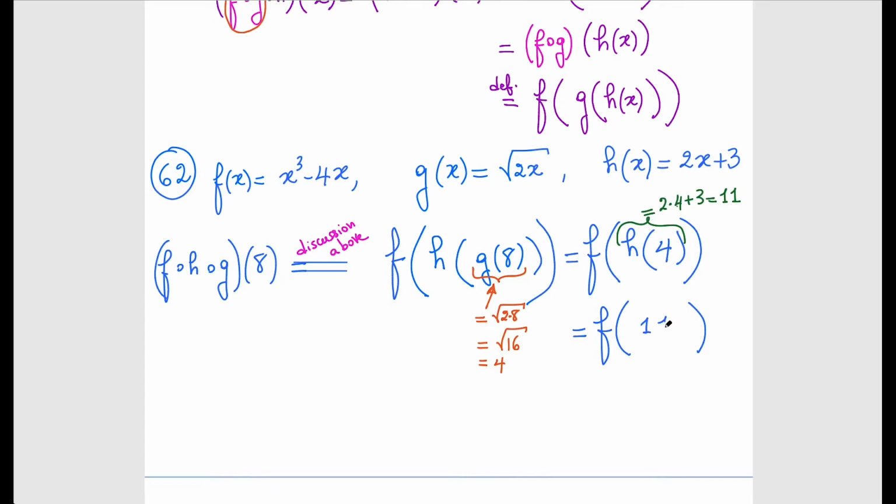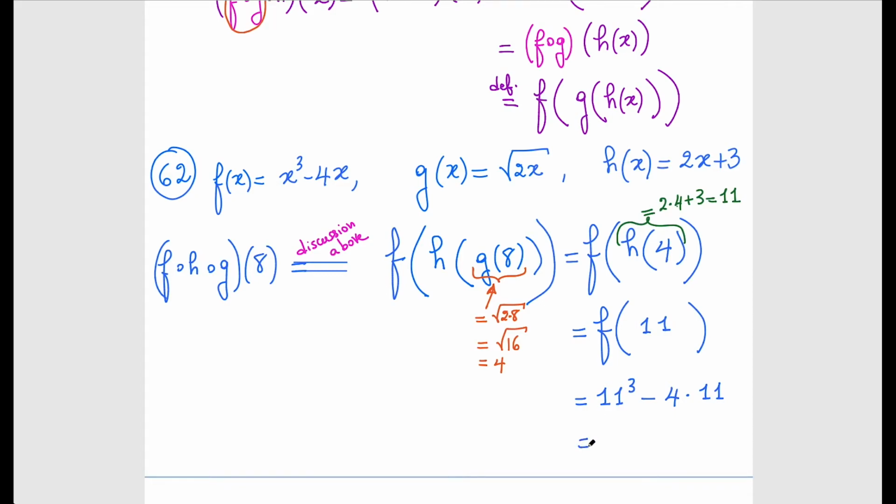So that's 11. Correct? And now 11 is going to go as an input in f, and f is going to operate on it. It's going to produce 11 cubed minus 4 times that guy 11. Correct?